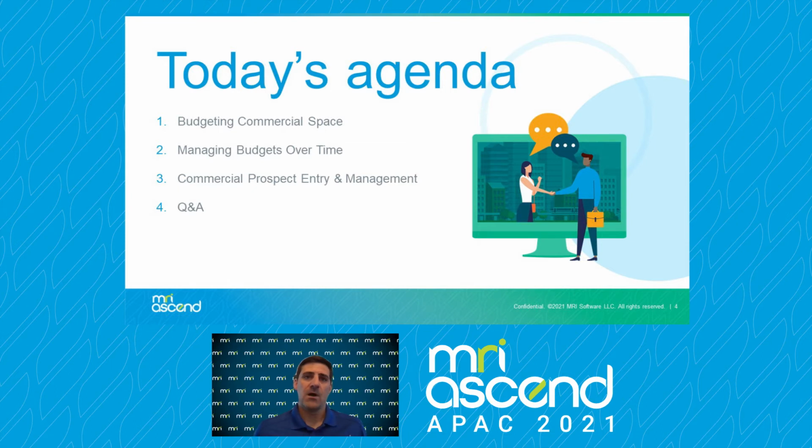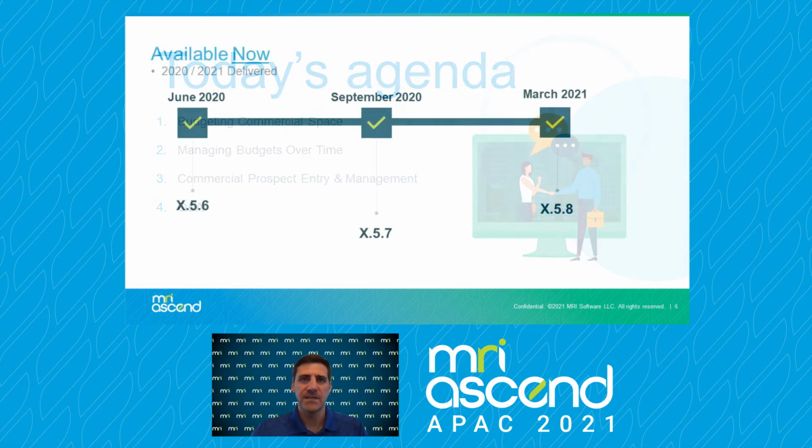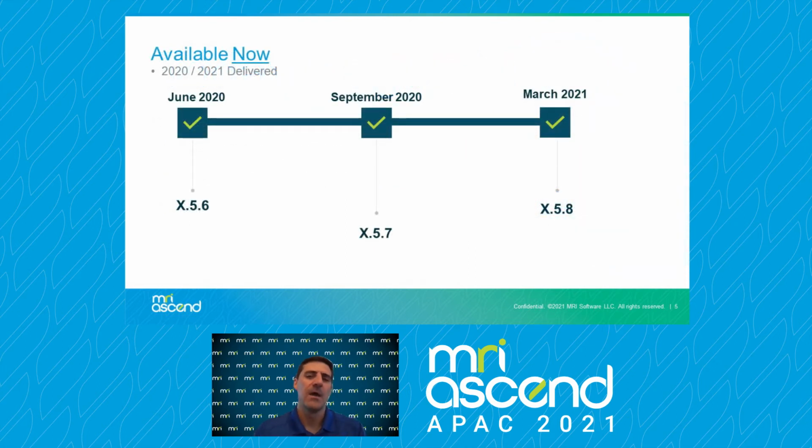All of these items are available as of X58, which was released about 2 months ago, but they have also been released over time in the past year or so. So to look at those releases that we are talking about, in June of 2020, we did release our X56.